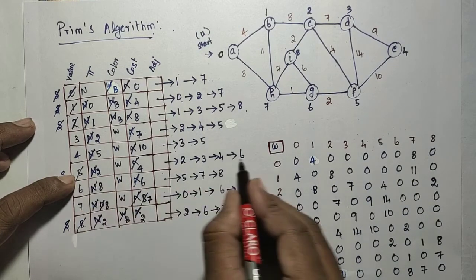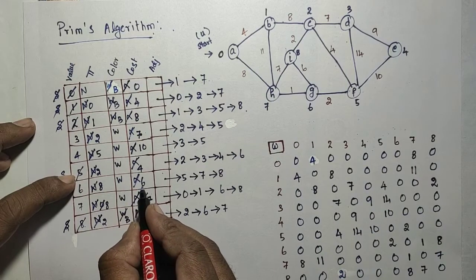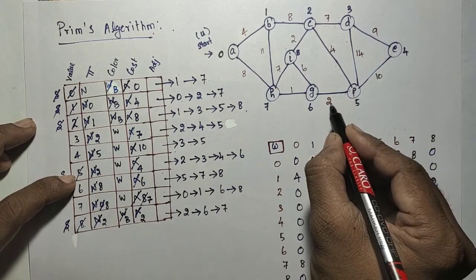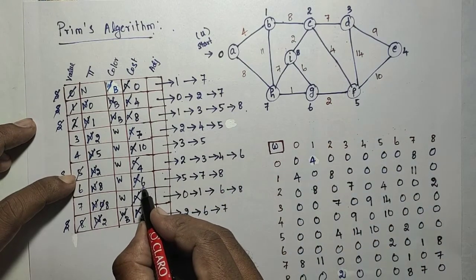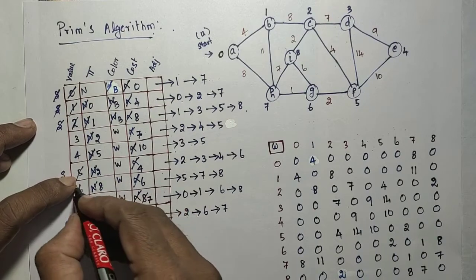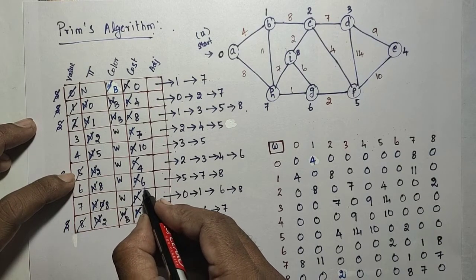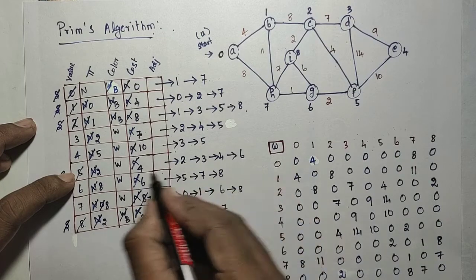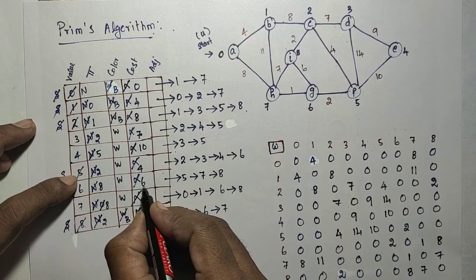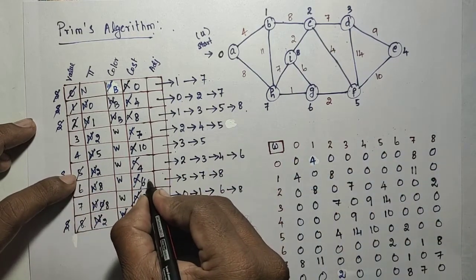Okay, next 5 to 6. So 6 is visited or not? It is not visited. But check 5 to 6, what is that? 5 to 6 is a 2, which is less than the existing cost 6. So I need that updation. It will be changed to 2.